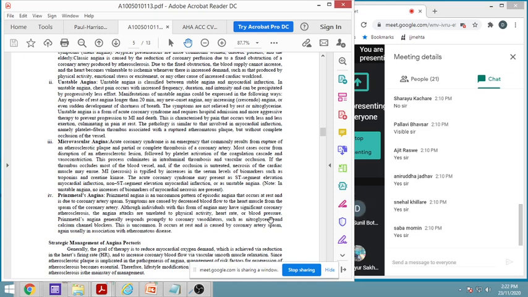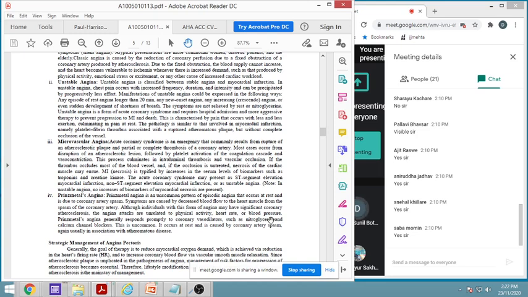Myocardial infarction also can be called a STEMI, that is ST elevation myocardial infarction, and non-STEMI, that is non-ST elevation myocardial infarction. So both types are present. Either there can be elevation of the ST segment of the ECG, or there will not be any change in the ECG. So these are various terms. This is called microvascular angina, and the last one is called Prinzmetal's angina.